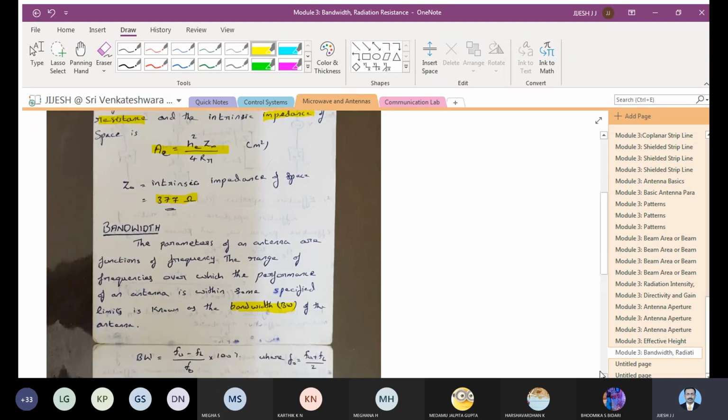You have the equation, bandwidth is equal to F_u minus F_l divided by F naught. F naught is F_u plus F_l divided by 2, where F_u is the upper cutoff and F_l is the lower cutoff. So we'll see that. All of you complete the first equation for A_e and all, and then we will move on to bandwidth.